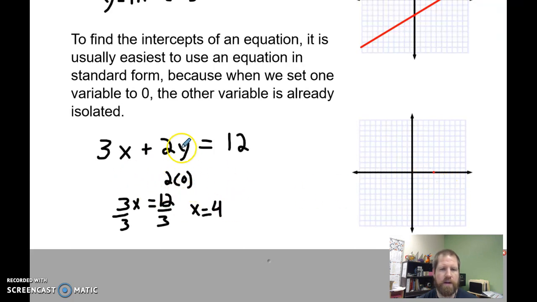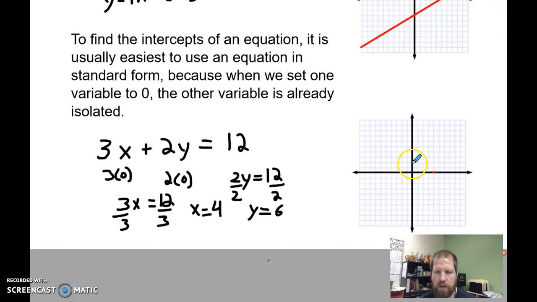Now same thing, I go back and I do it for x value is 0 for my y. So I've got 3 times 0. Again, that's going to be 0, so I don't have to worry about that. I'm going to be left with 2y equals 12. Divide by 2, divide by 2, y equals 6.